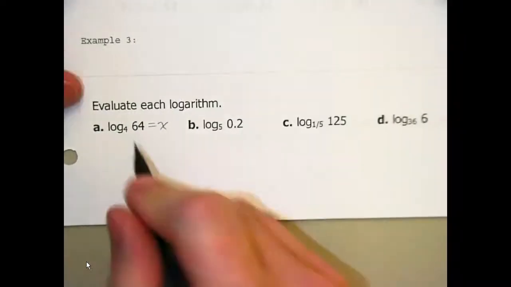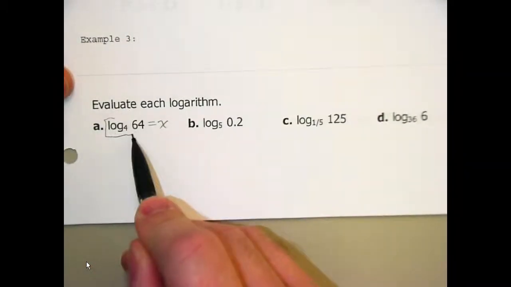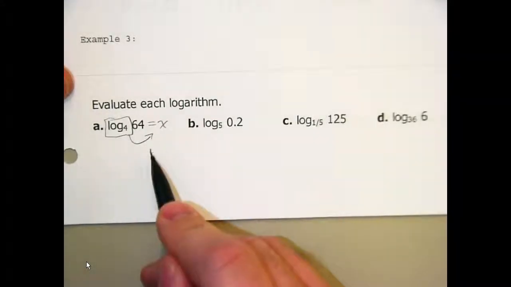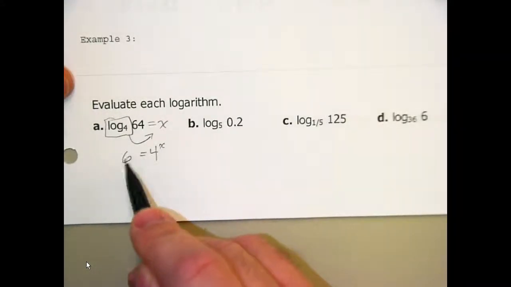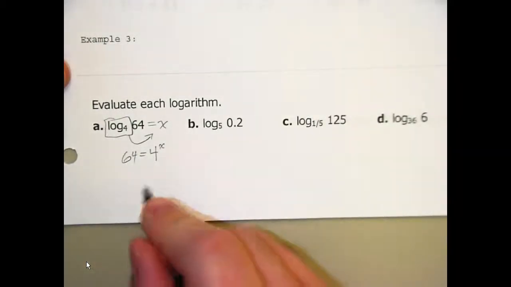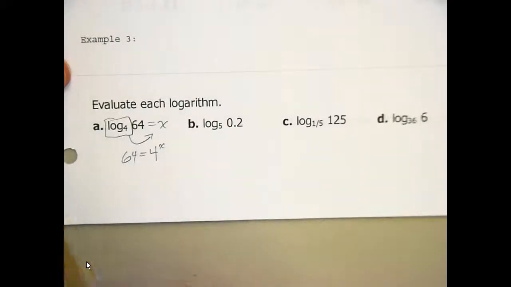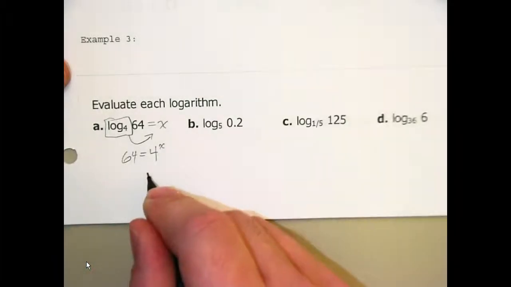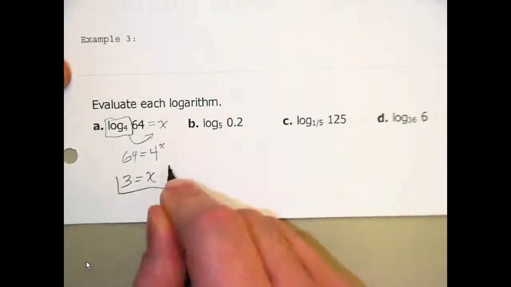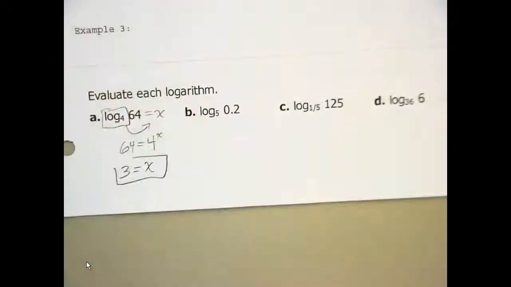And here's a good rule of thumb: if you can't solve it in log form, write it exponentially and ask yourself what that answer is. 4 to what power is 64? 4 times 4 times 4, which is 3. X equals 3. That's the answer.